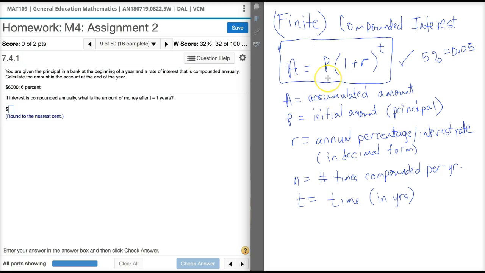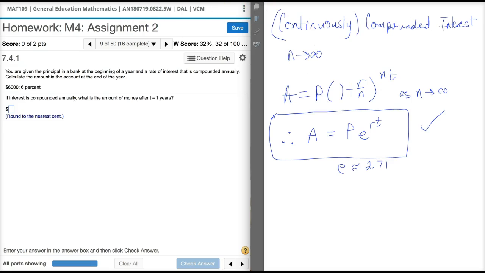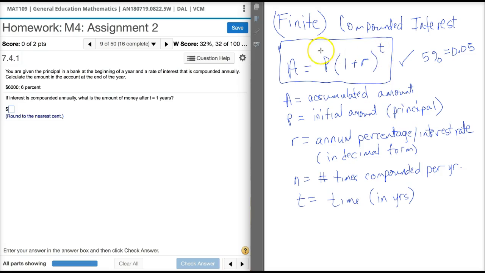I wanted to mention that in case you use other resources and see them using that formula. If we want the exact growth, we use that formula. The one we're going to use approximates population growth by using this finite compound interest formula. I wanted to make sure that was known before we get into the calculations.